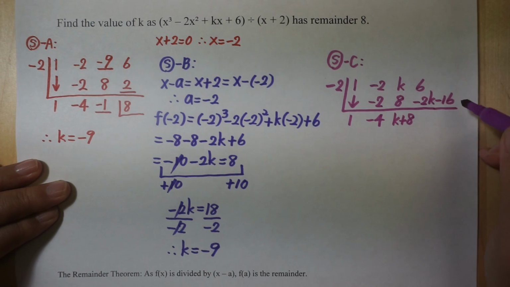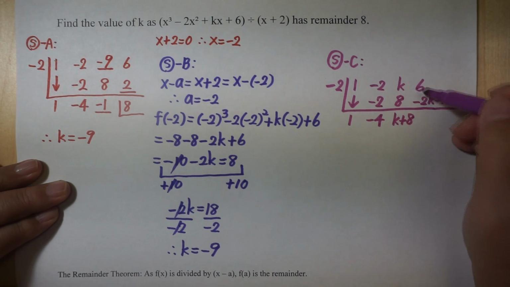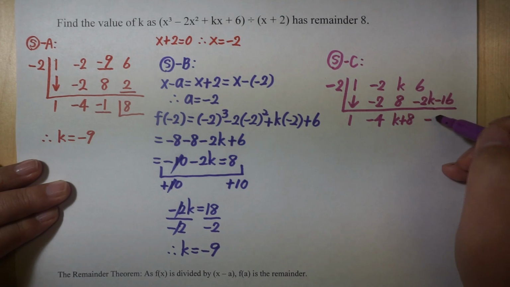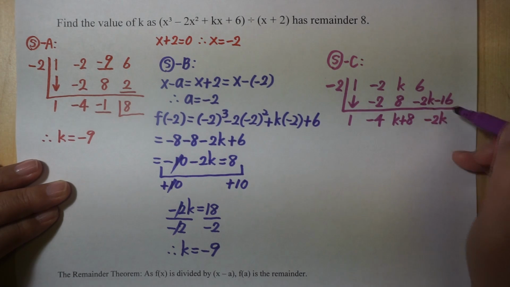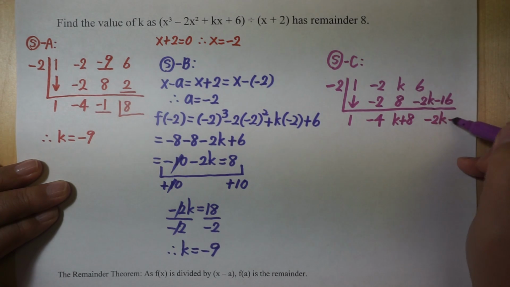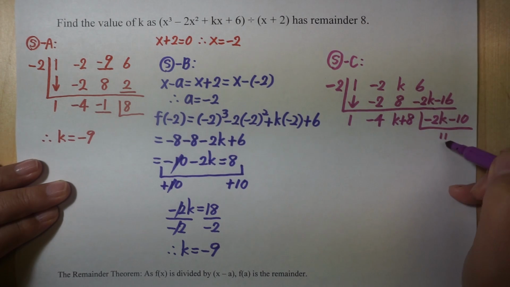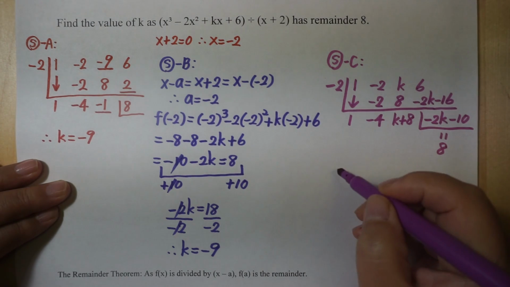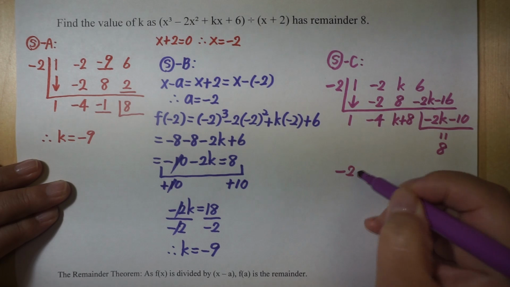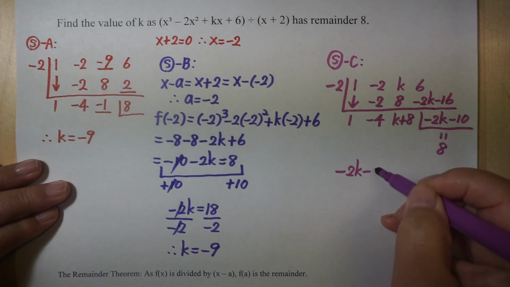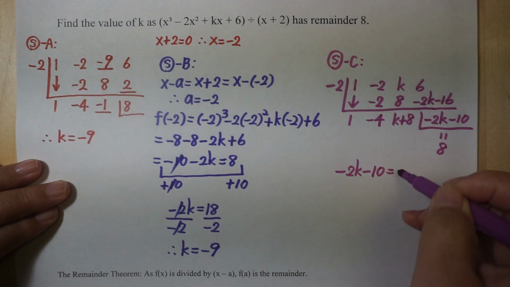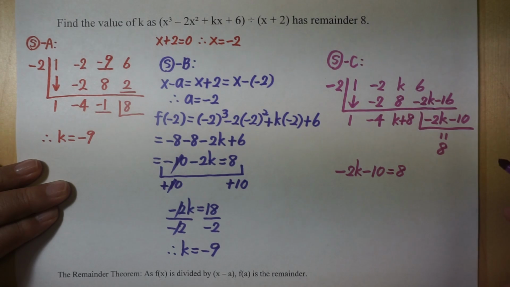So now we're going to add these two numbers. Negative 2k and 6 minus 16 is minus 10. So this is actually the remainder 8. So I'm going to rewrite over here. Negative 2k minus 10 is equal to 8.